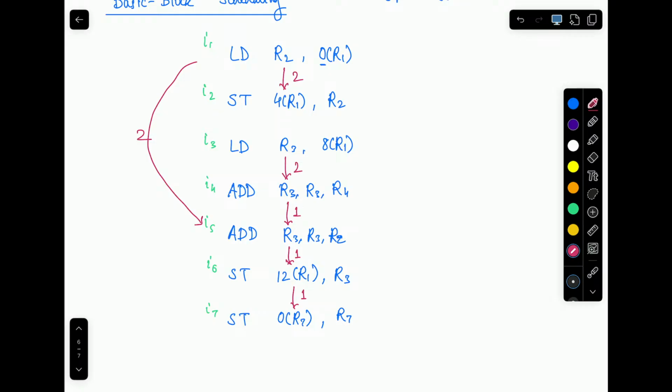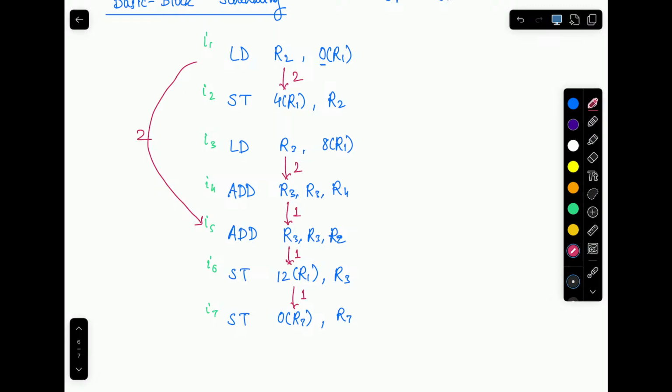Because I do not know what the values of R1 and R7 are here, adding 4 to R1 may give the same address as adding 8 to R7, unless I know that their locations are more than 4 bytes apart, for example. So there may be more dependencies here which are indirect dependencies, like pointer dependencies from yesterday's class, and hence we need to take account of them as well. So let's look at one, and then you would be able to help me out with more.